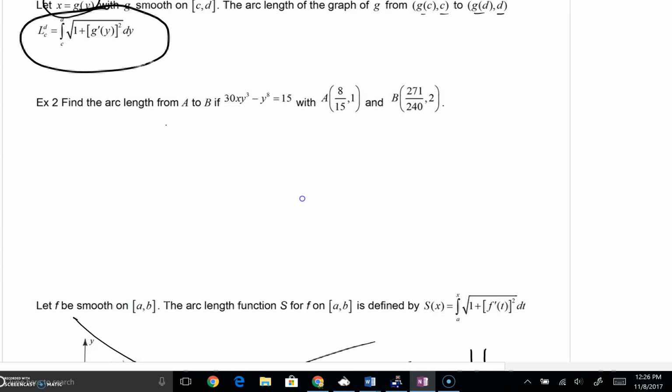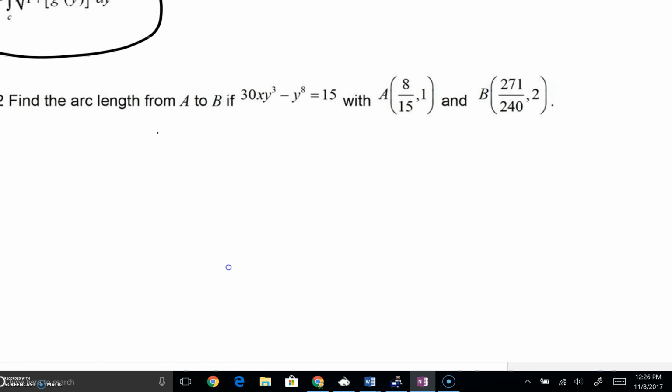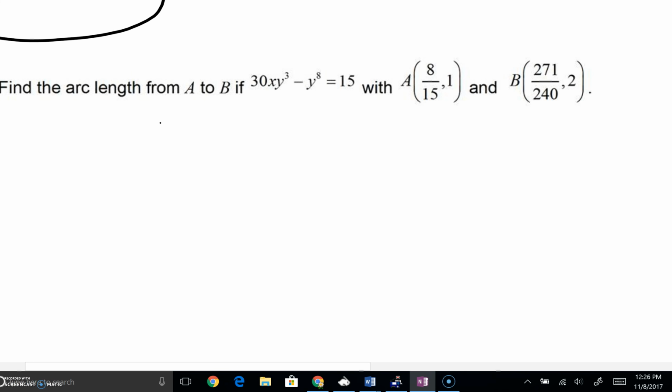First of all, looking at number 2, I think you can see that you're going to have a hard time solving for y. That's just not going to happen. Instead, look what happens when I solve for x. And that, by the way, you're going to see on quite a bit of the homework.